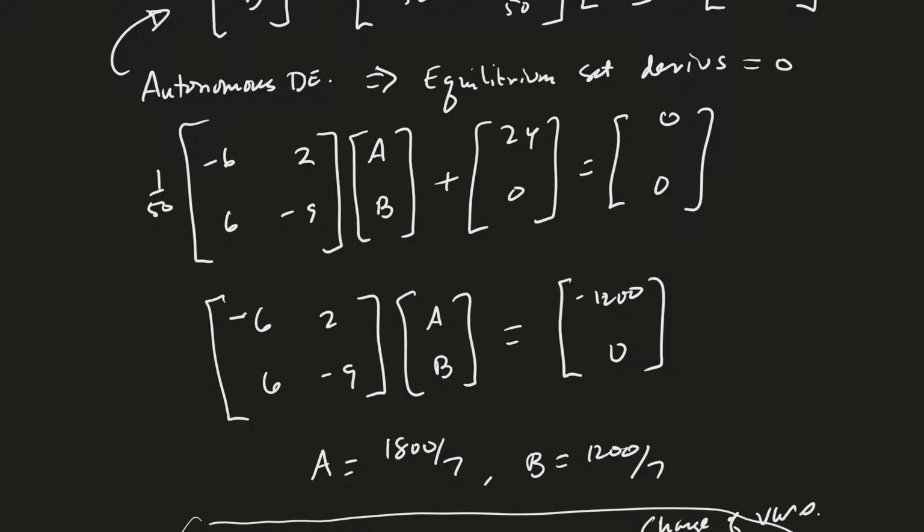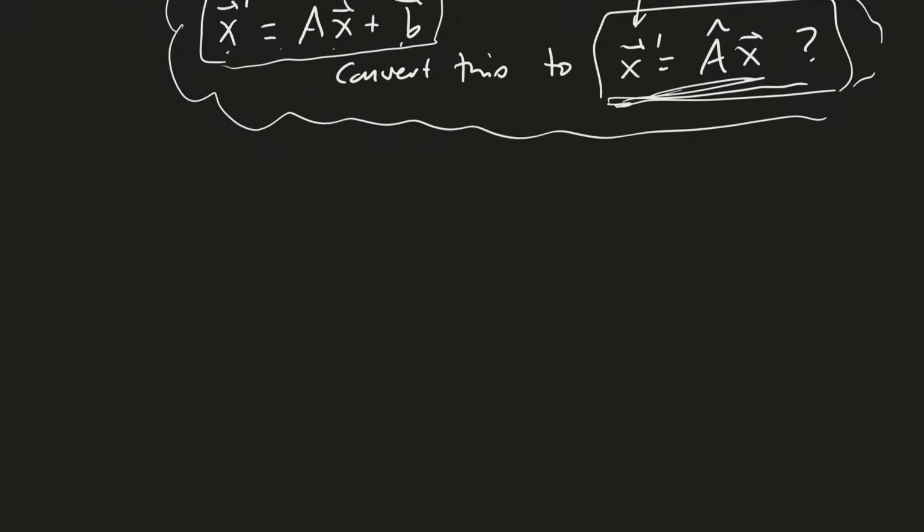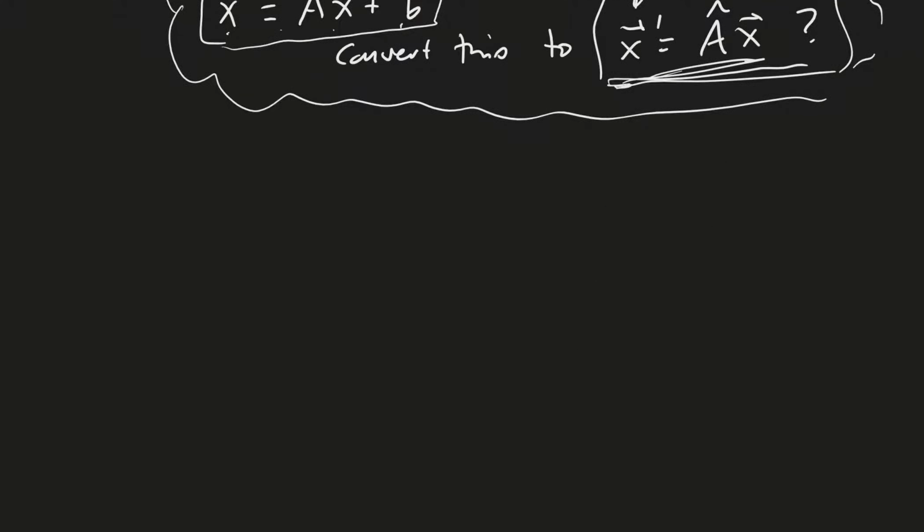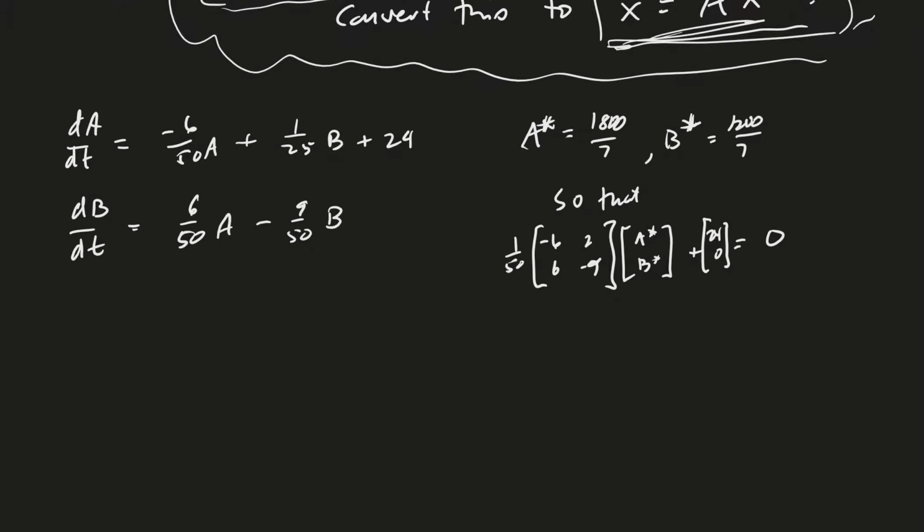Maybe I should rewrite that down below here, just so we can see what's happening. dA over dt is going to be our, I lost my place, minus 6 over 50 a plus 2 over 50 b plus 24. Getting too sloppy. Maybe I'll pause and write this down.